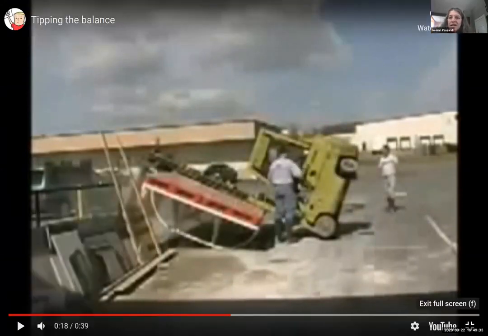In that case, they didn't anticipate that the weight of that sheet times the lever arm is going to turn the forklift. So how should he have lifted that steel sheet? Well, he just shouldn't have gone backwards. It was fine until he put it in reverse. Then it wasn't fine. Or a shorter arm. Yeah, he should have kept it closer to him. He had it too far out.